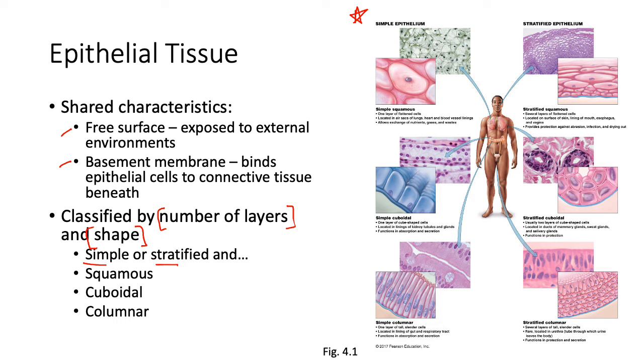So some examples here, if you look on the left-hand side of this figure, all of these are considered simple layers because there is only 1 layer of cells. So this is 1 layer. Whereas stratified, we see that there are many layers.